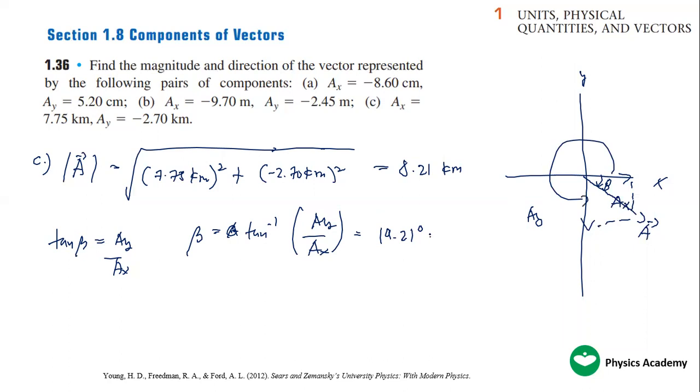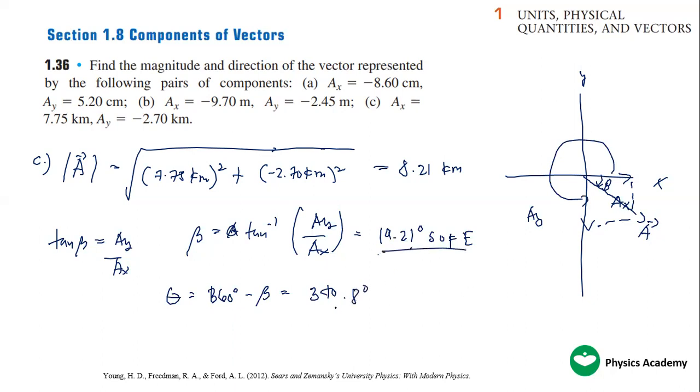This is actually south of east. Or your theta is just equal to 360 degrees minus your beta. So we have 360 minus 19.2, which is 340.8 degrees. So that's your direction.